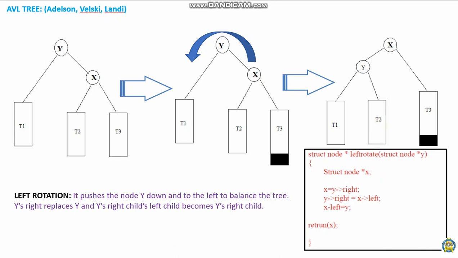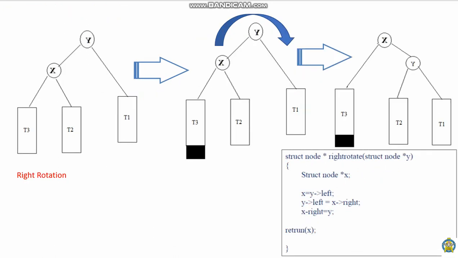Similarly, I think I need not explain, we have a right rotation. The right rotation is when the tree grows on the left side. Just the same, this picture is only a mirror image of the same picture, but of course the nodes are different. So here T3 grows here. So we do what is called a right rotation.